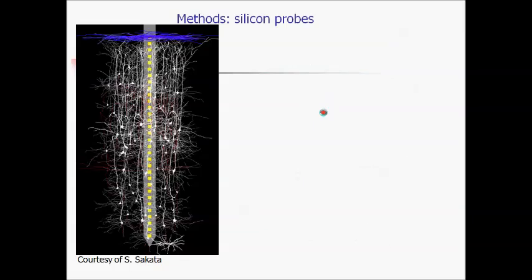Okay, so we are using other things than tetrodes. We are also using silicon probes. Here is an example of a silicon probe. This probe allows us to record activity across, for example, multiple layers.